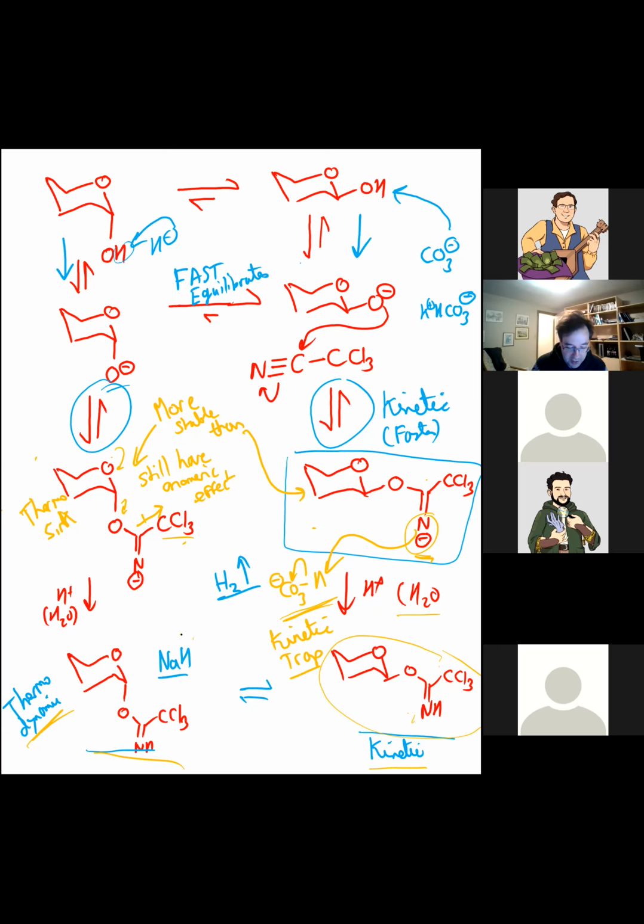It's because this kinetic base and this thermodynamic base, it's the conjugate acid that's really determining reactivity. This is a thermodynamic conjugate acid because there's no acid. The H2 is gone, so everything kind of equilibrates. Whereas this is a kinetic conjugate acid because it's a very strong acid compared to the reaction solution.